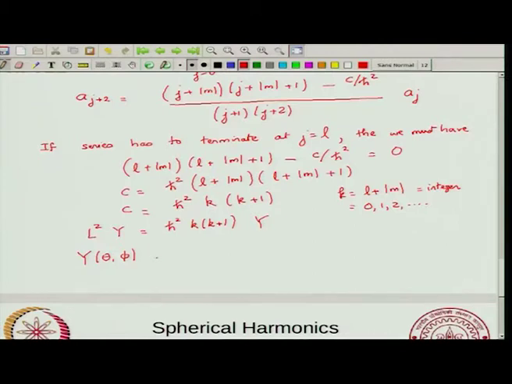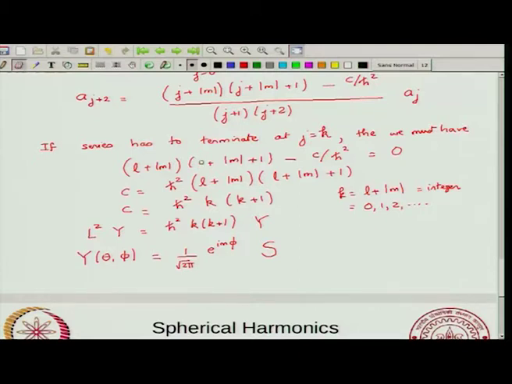I can write it as 1 by root 2 pi e to the i m phi, times something that is S. Now S is a function of theta, but it depends on these two quantum numbers. I would just like to make a small change of notation. Let me call the place where the series terminates as k.